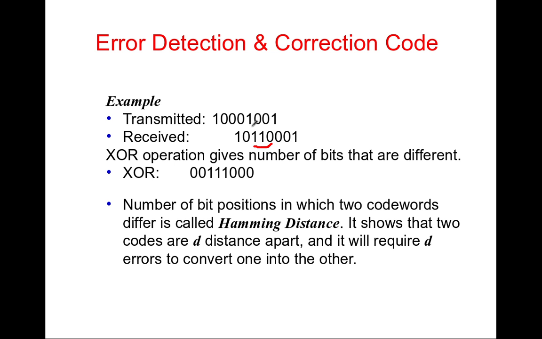So if only 3 bits are different, we can assume that the second code word that is received is not a valid code word, because the second valid code word will have a distance of 4 bits, or there will be 4 different code bits. Here only 3 bits are different. So we can conclude that whatever is received is in error.